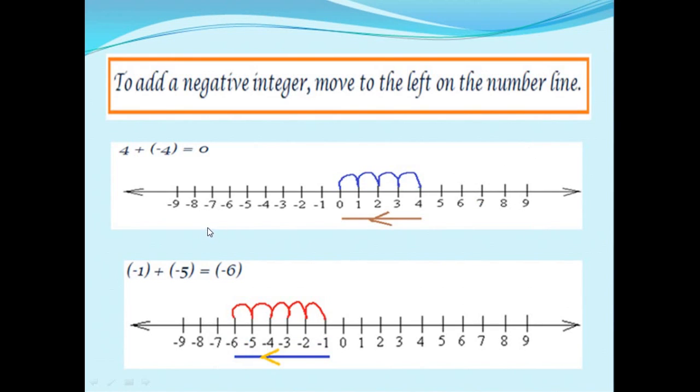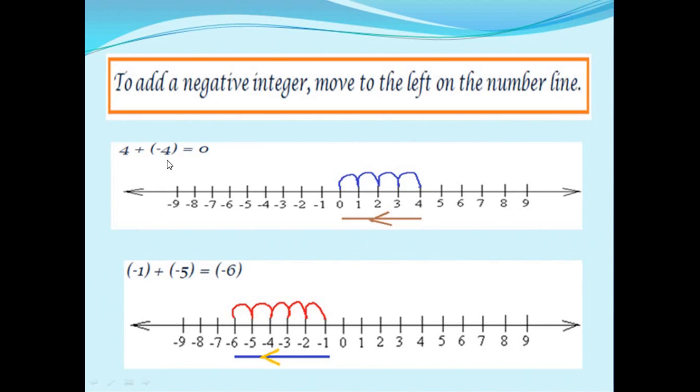To add a negative integer, move to the left on the number line. So, the next rule saying that if you are adding a negative integer with any other integer, start from the number and move towards left side on the number line. Let's consider the first example, 4 plus negative 4.